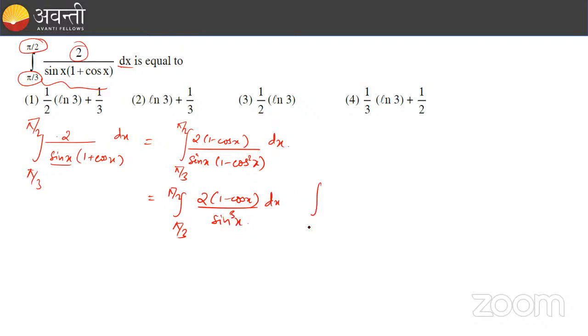This will become pi by 3 to pi by 2, 2 upon sine cube x minus integration of 2 cos x upon sine cube x dx.